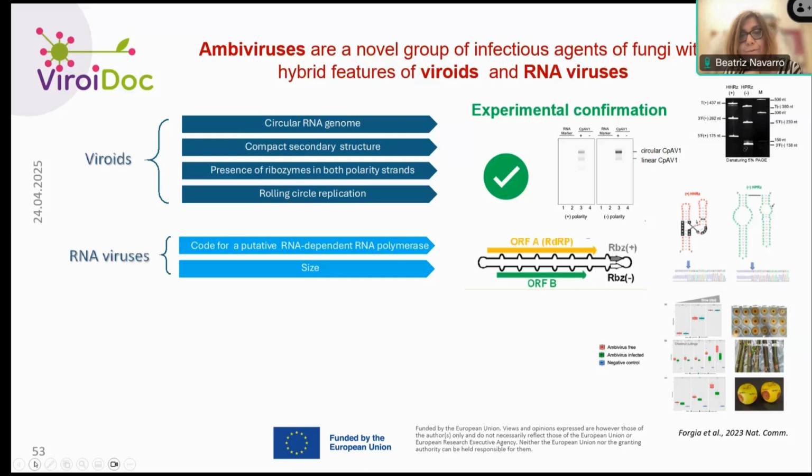The ambivirus also have a coding capacity: the genome contains two ORFs. One, in one polarity strand, ORF A, codes for a putative RNA-dependent RNA polymerase that differs very much from that of RNA viruses, but structurally corresponds to an RNA-dependent RNA polymerase, and also contains the motif conserved in the PAN domain of these proteins.